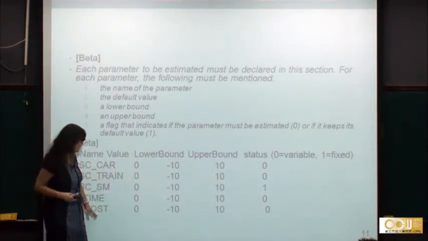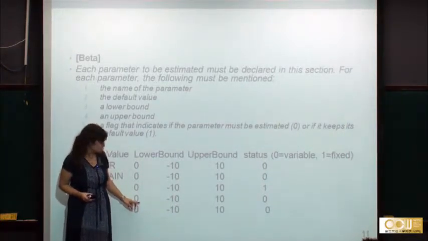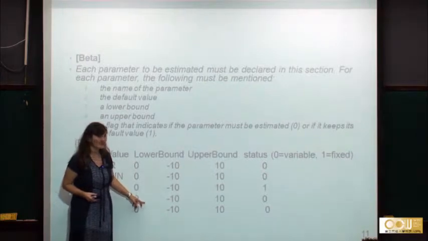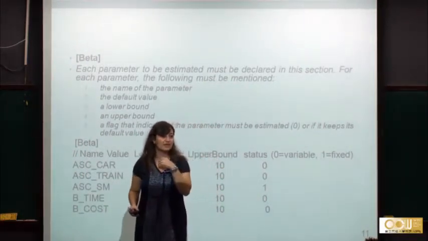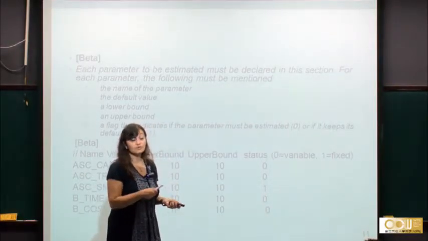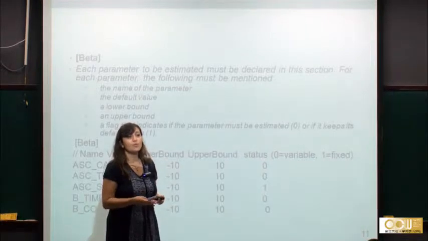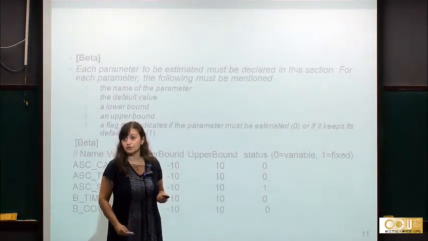So for example, say travel time is 0.01 and the status is 1. So it means that it will be fixed and not calibrated. This is also good when you apply the model, because then you don't want to estimate the coefficient. You want just to use the coefficient to produce the market share.